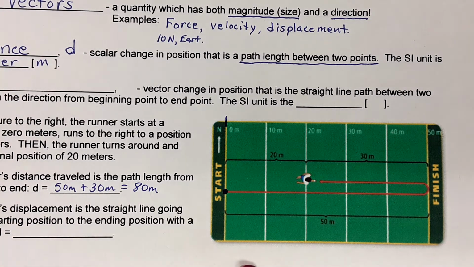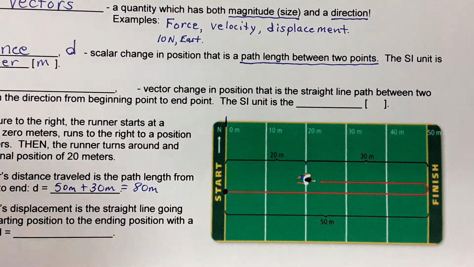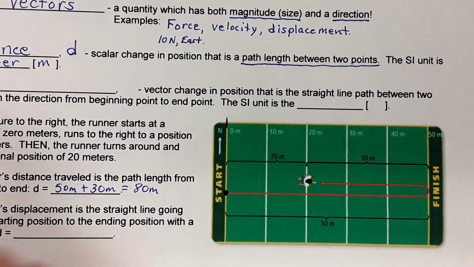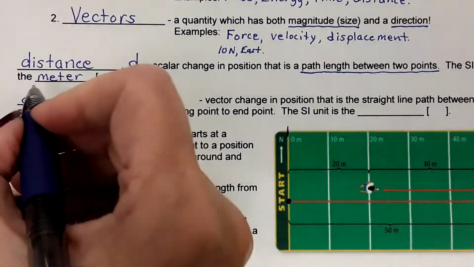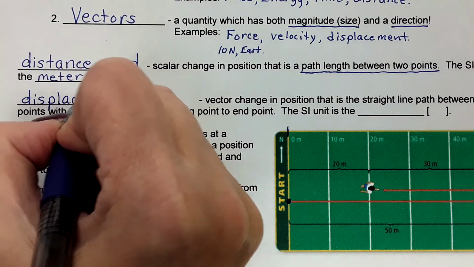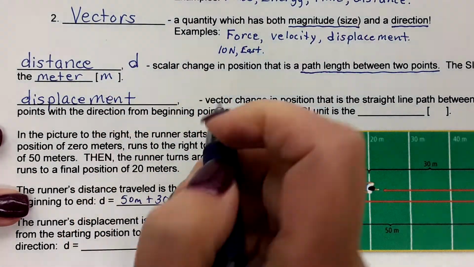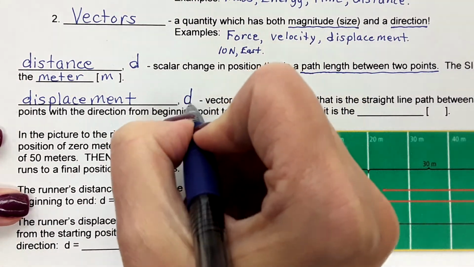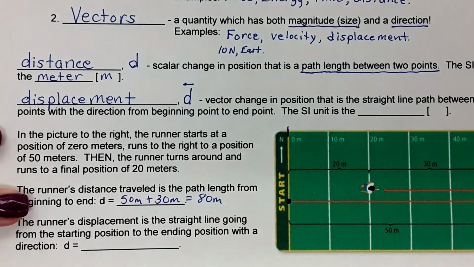But now the other way of describing change in position is using a vector. And this vector is called displacement. Now, to distinguish the D for displacement from the D for distance, we use this funny little sideways check mark over the D. That makes it a vector quantity as opposed to a scalar quantity.